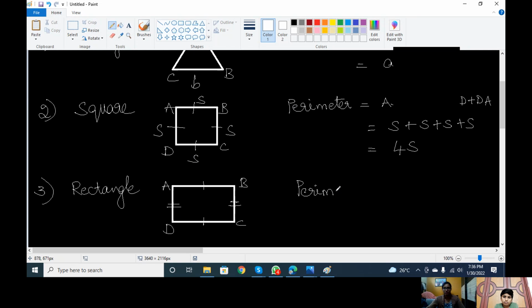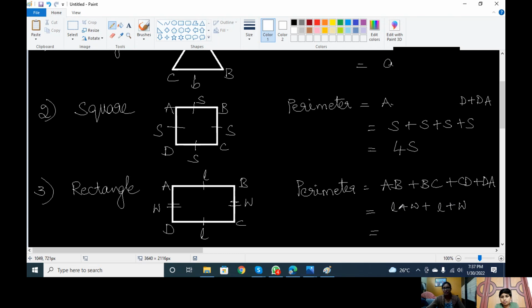Perimeter is equal to AB plus BC plus CD plus DA. Let's take AB as L. Then CD also becomes L, because these sides are equal. Let's take AD as W, and BC also becomes W. So adding up the boundary: L plus W plus L plus W.